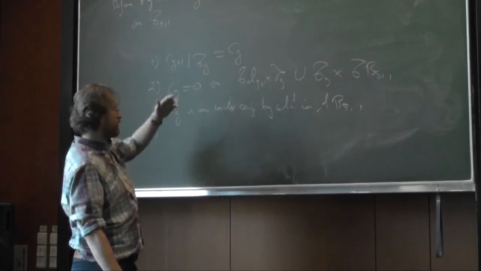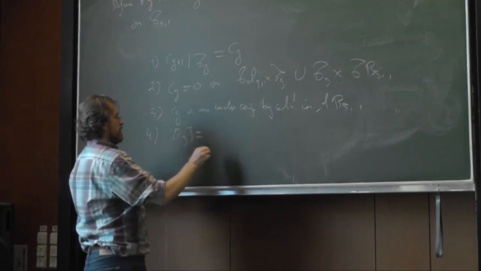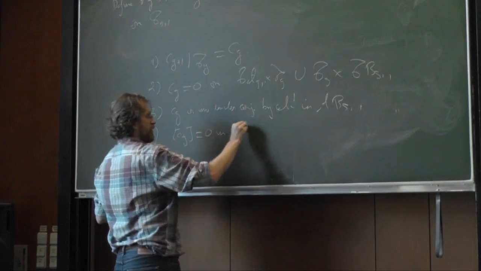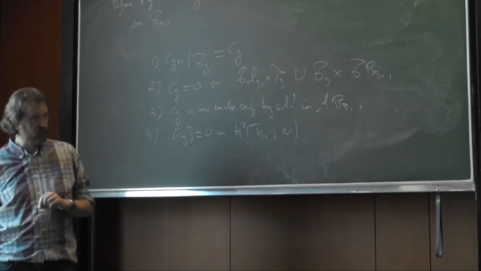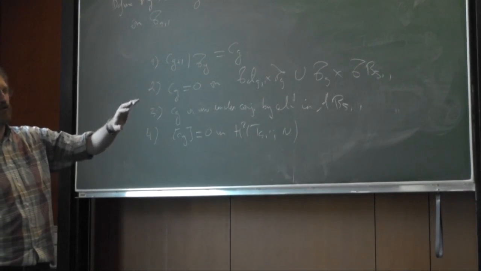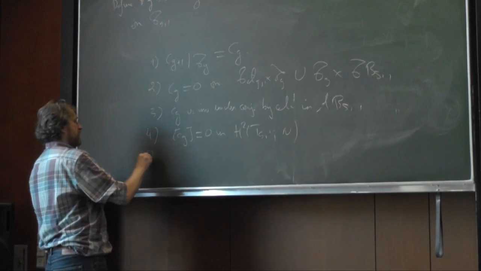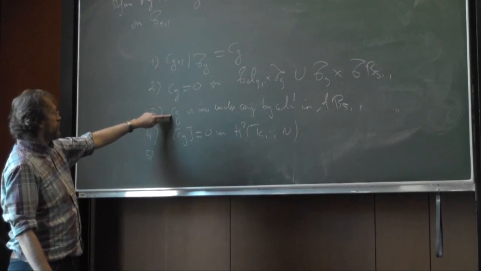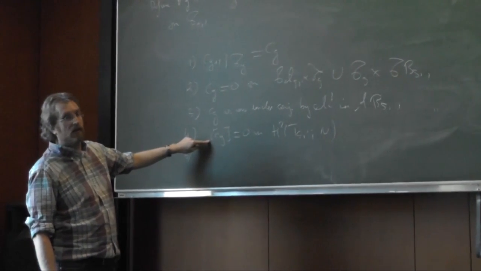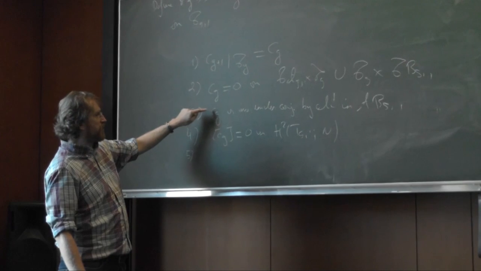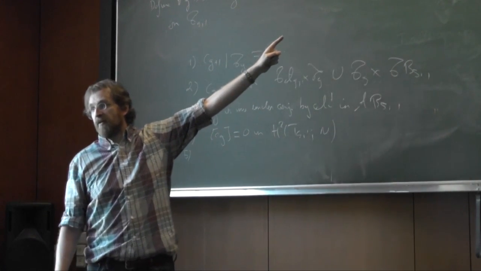So you have a 2 cocycle whose cohomology class is trivial in H2 of TG1 with coefficients in n. And I will assume that n has no 2 torsion to avoid the problem with the Rohlin invariant. And the fifth condition is, well, it's true that CG is invariant under conjugation, and it is trivial. But it's not only CG that is invariant. One of its trivializations is also invariant.